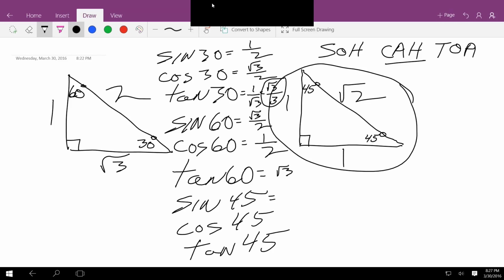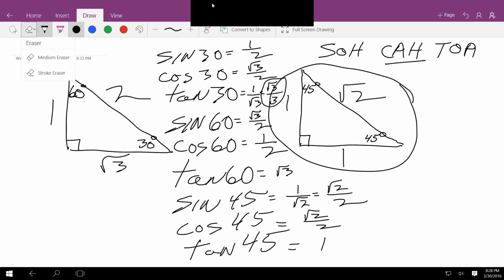So it would be 1 over root 2, which is root 2 over 2. Good. What's cosine of 45? Cosine would be 1 over root 2. And the tangent of 45 would be opposite over adjacent, so 1 over 1, or just 1.